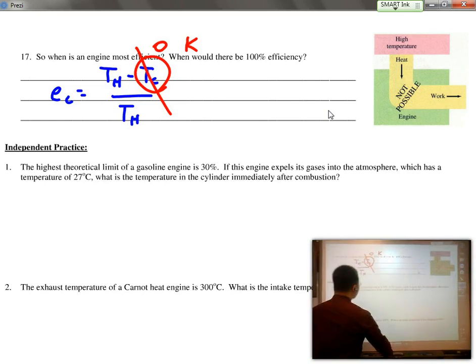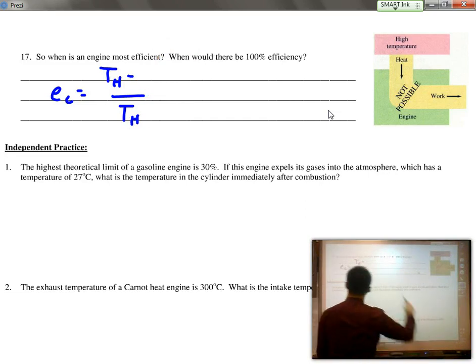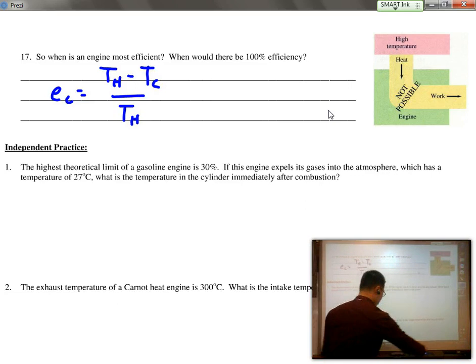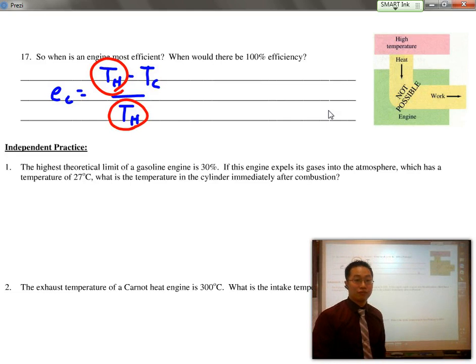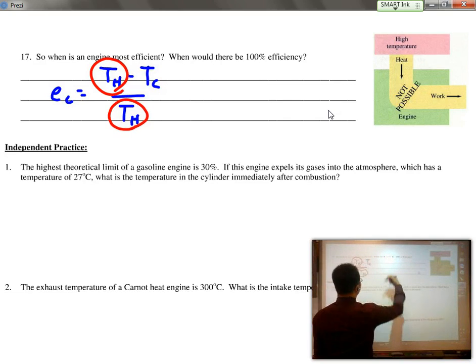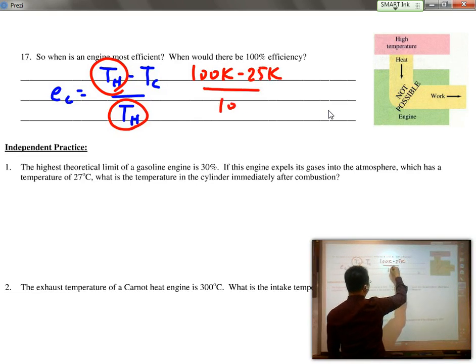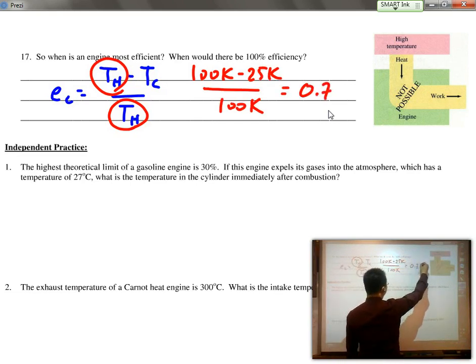However, looking at this formula, there is a way of increasing efficiency, if not to 100%. And the easiest way to increase the efficiency would be to increase the input temperature itself. Let me give you an example. Let's say we had originally 100 Kelvin minus the output temperature of 25 Kelvin, divided by 100 Kelvin. In this case, we would have a very high efficiency of already 75%.